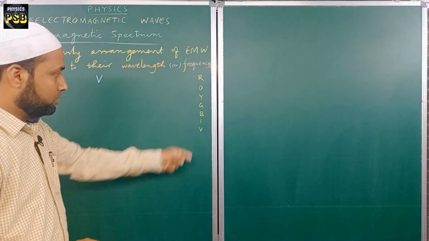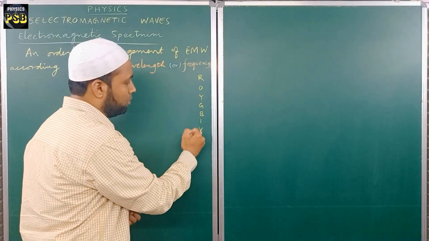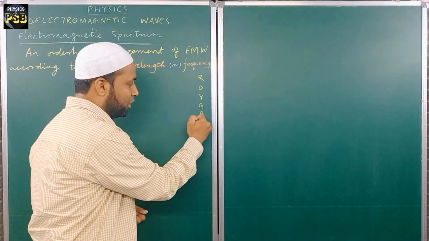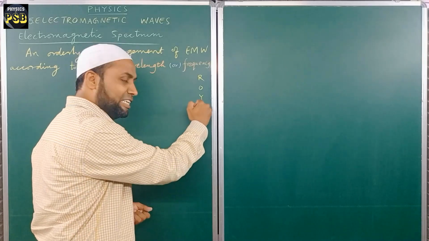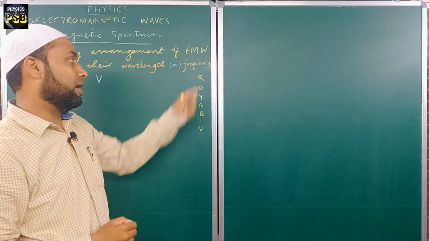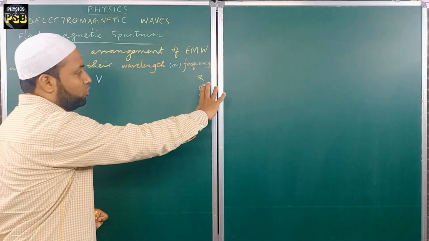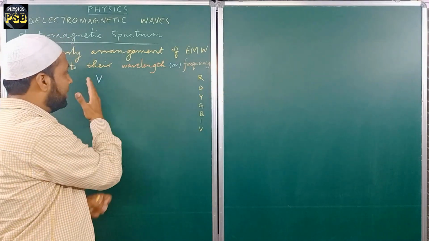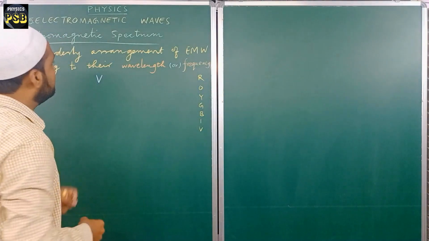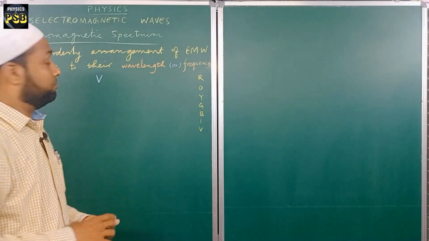These are the 7 colors present in the solar spectrum. Here V stands for violet, I for indigo, B for blue, G for green, Y for yellow, O for orange, and R for red. This helps us remember the proper arrangement of electromagnetic waves in the electromagnetic spectrum.